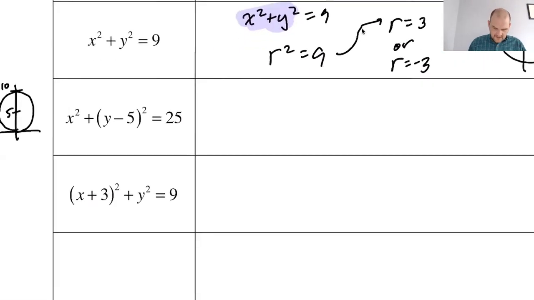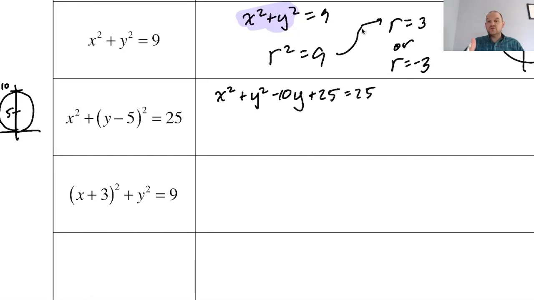So let's try to convert this. What do we want to do? I have a strategy: first I'm going to expand, then I'm going to substitute. So I'm not going to do a polar thing first. I'm just going to go x squared plus y squared minus 10y plus 25 equals 25.